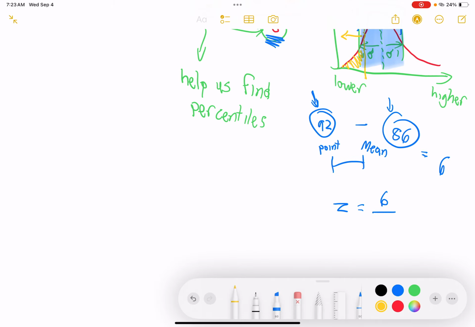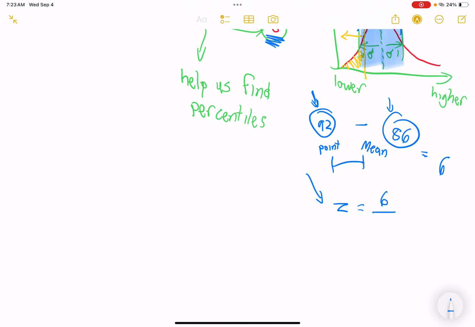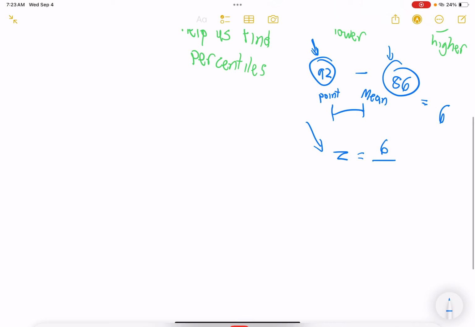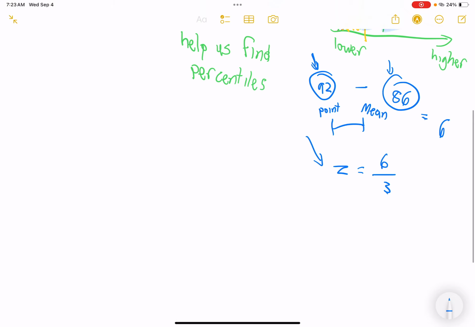But what I want you to get out of this so far is that the standard deviation is important because it tells you how far you have to travel from the mean to get a certain amount of results. So let's say our standard deviation was 3. Which means if you were to go 3 points lower than the mean, from 86 to 83, or 3 points higher than the mean, from 86 to 89, that will hold 68% of the scores that we got in the class.